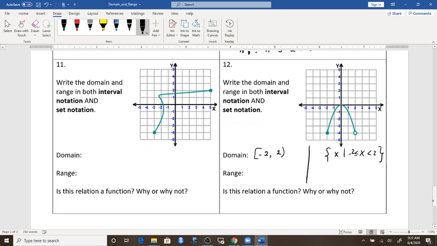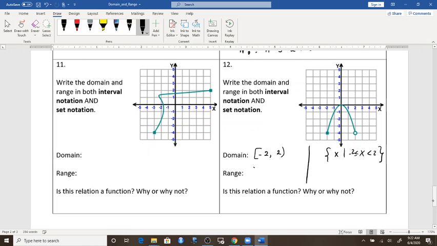For the range, we start from the lowest value of y, which is -4. This can be a little bit ambiguous because we have both a closed dot and an open dot. So which one are we going to pick? Well, by definition, range is the possible values for y, and -4 is a possible value because it is closed here, right? Even though we have an open dot here, it's still a possible value.